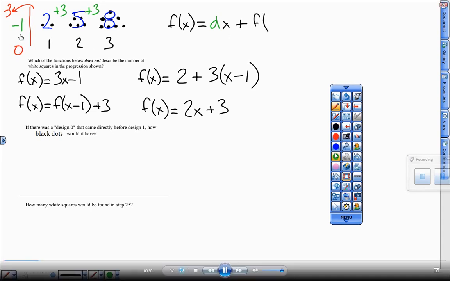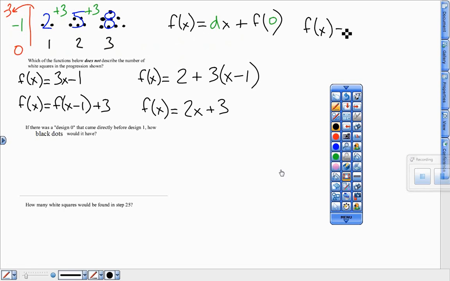So again, the main part of this module test coming up is, can you write a basic equation to model that data? Put the common difference number there in front of x, put the y-intercept there for f of 0. So this equation is f of x equals 3x minus 1.